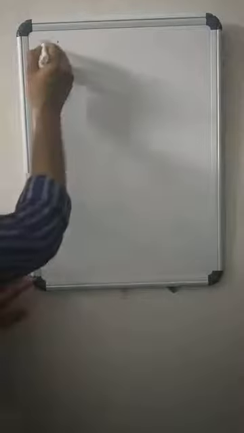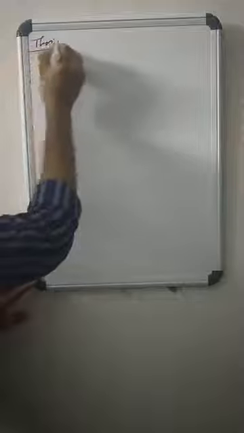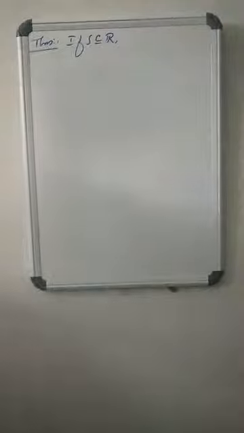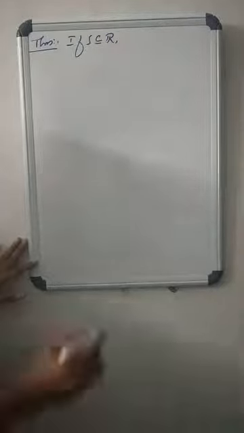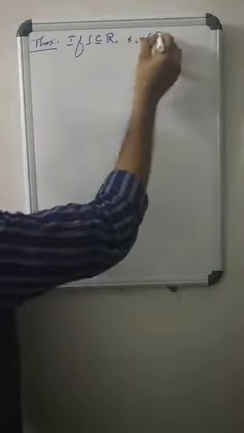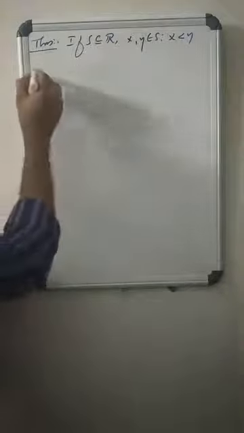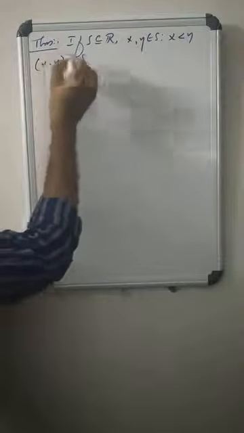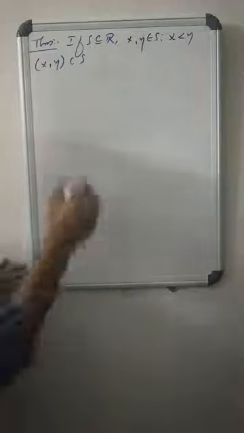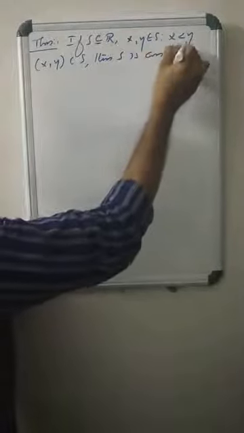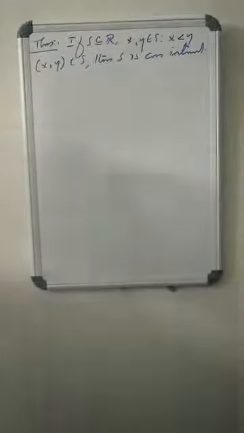The theorem states that if S is a subset of R that contains at least two points and has the property that if x and y are in S with x < y, then the interval (x, y) is a subset of S, then S is an interval. So this is the characterization theorem.